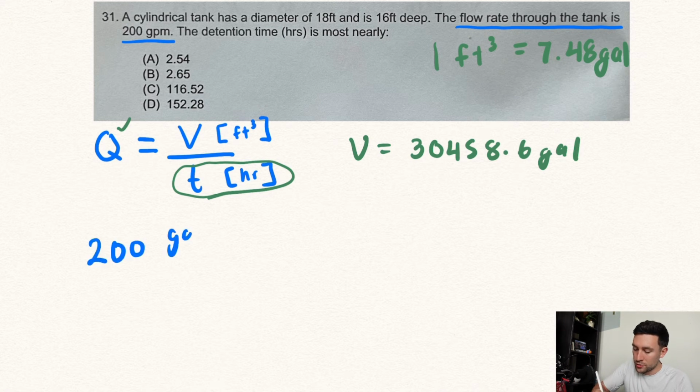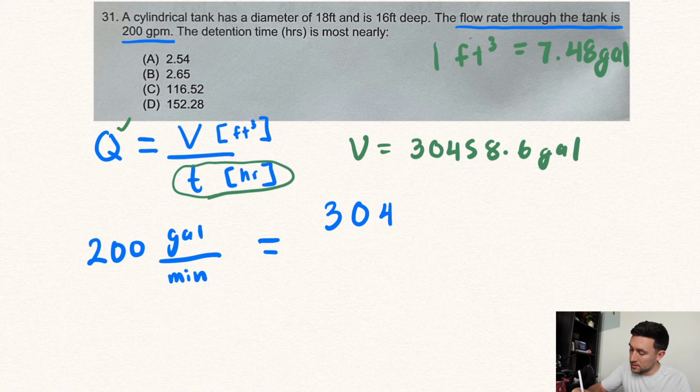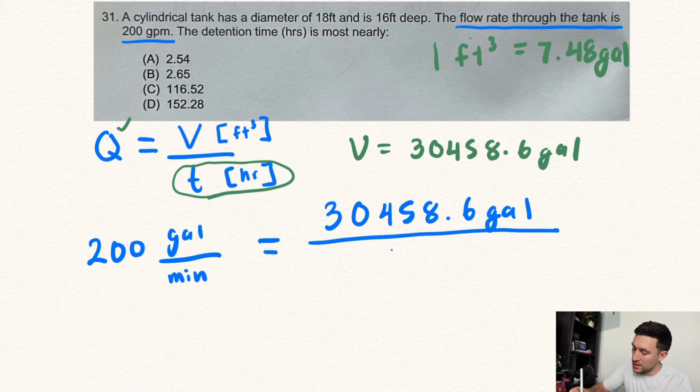I'm going to break this down here. We have 200 gallons per minute, and then we have a lot of gallons here. This is our volume. And then we have T. Since we're trying to solve for hours, let's just solve for T in minutes for a minute here, and then we'll convert it to hours. So let's rearrange this equation and have T over on the left side.